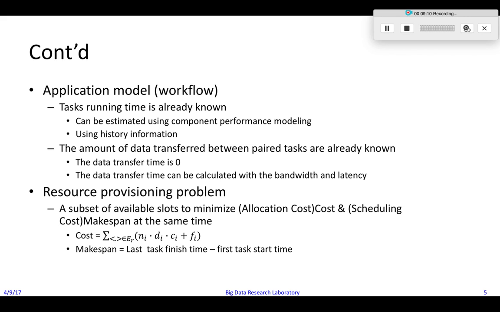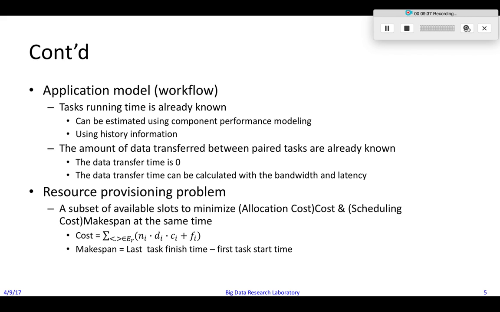Second, another assumption is that the amount of data transferred between pairs of tasks is already known. So if all the tasks are run in one grid, the data transfer time is 0. And if the tasks are run on two different grids, the data transfer time can be calculated with the bandwidth and latency.